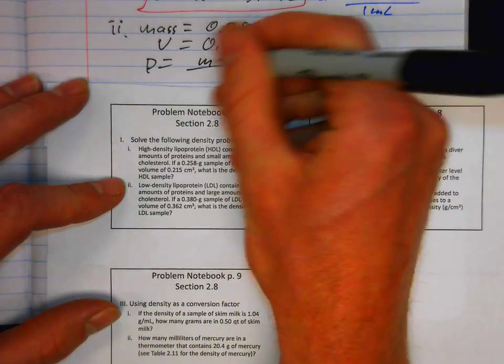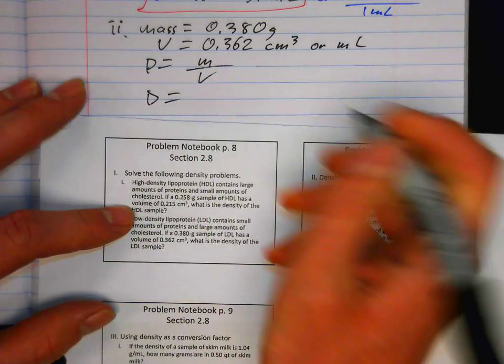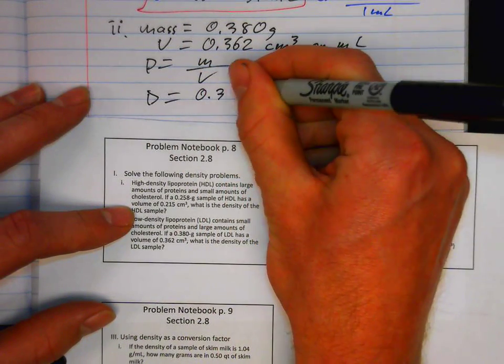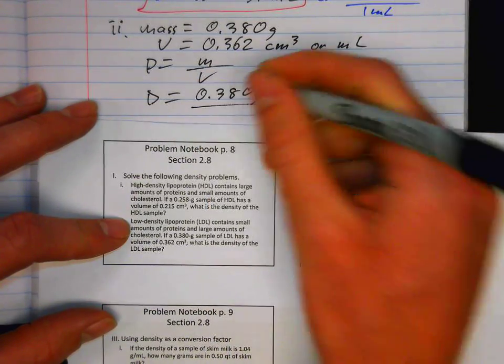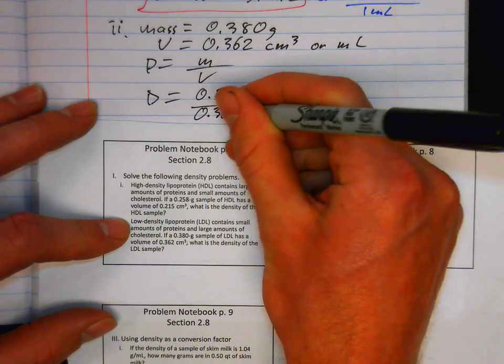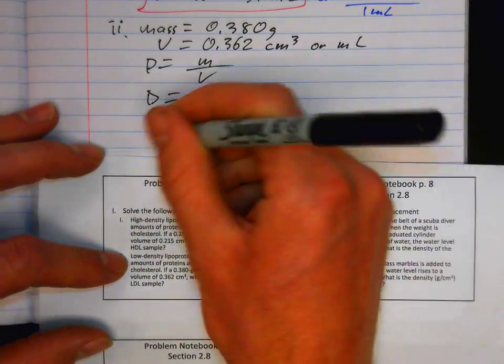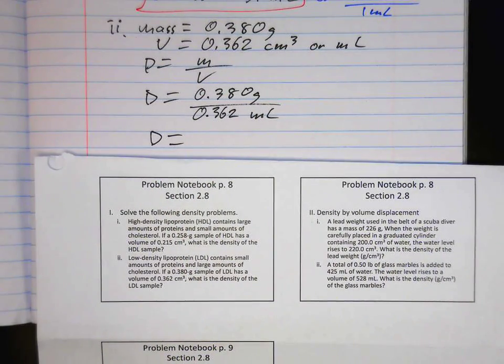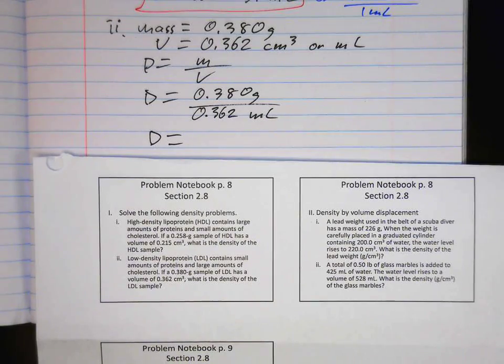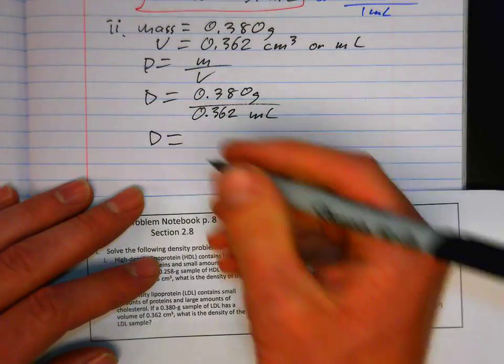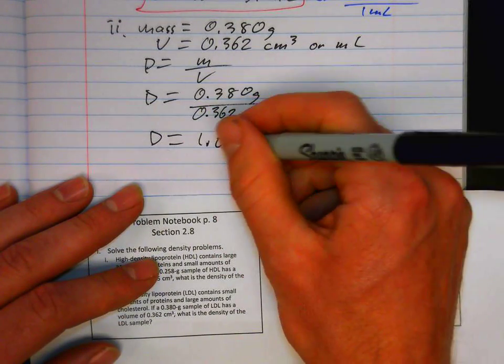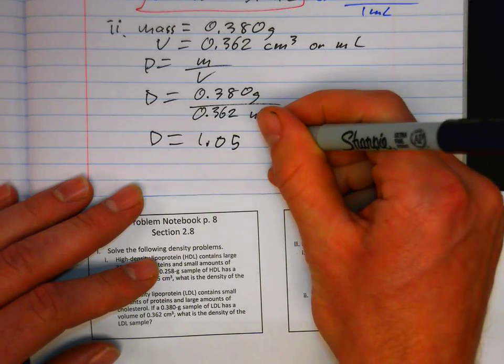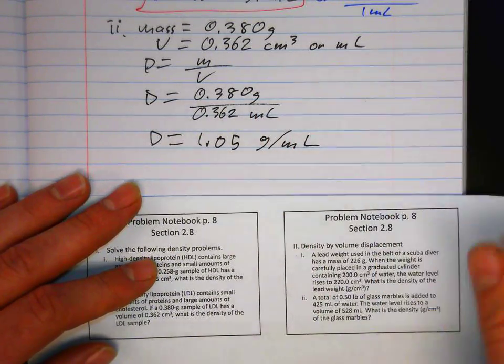Density is mass over volume. We're going to plug in numbers: 0.380 grams, substitute the volume 0.362 milliliters, and just calculate. Comes out to 1.05 grams per milliliter.